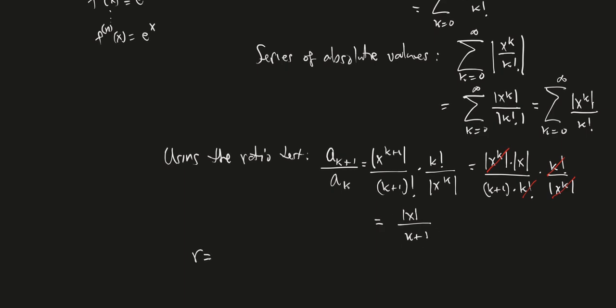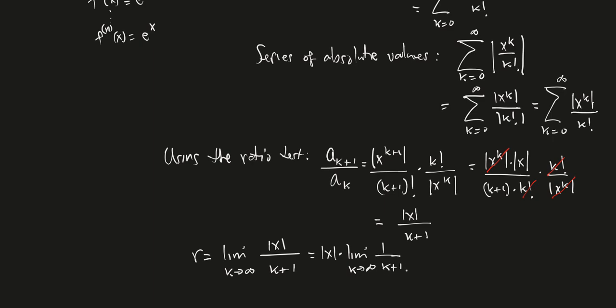So it's the limit as k goes to infinity of the absolute value of x over k plus 1. But since the absolute value of x does not involve k, I can factor that out and put it as the absolute value of x times the limit as k goes to infinity of 1 over k plus 1, right?